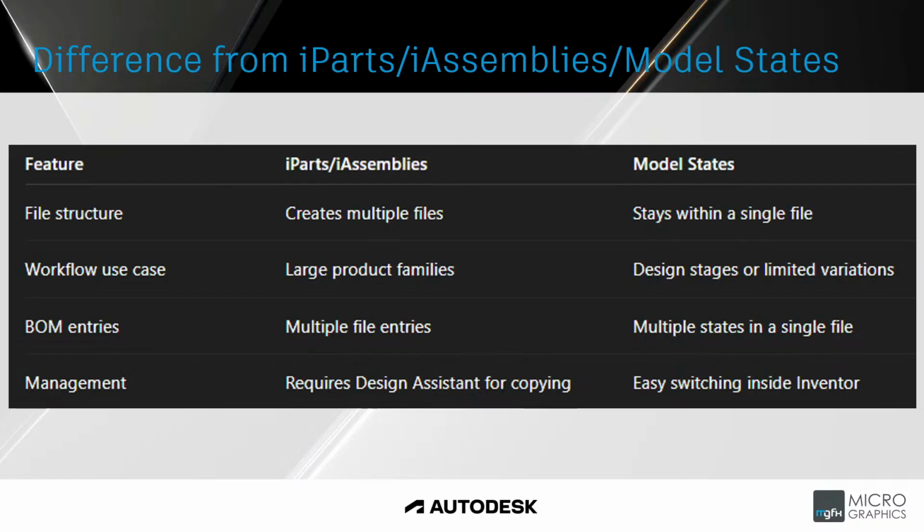Your BOM entries, you've got your multiple file entries or your multiple states in a single file. The management, it requires Design Assistant for copying if you think about iParts and iAssemblies. And model states, it's easy switching inside Inventor as it stays within a single file.